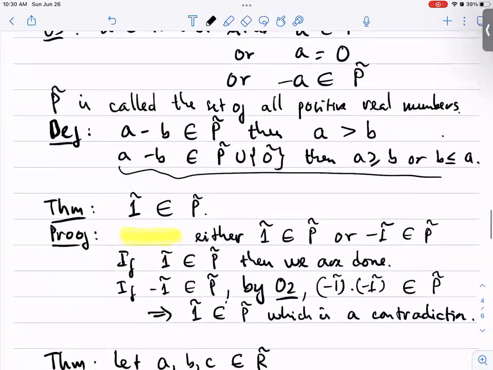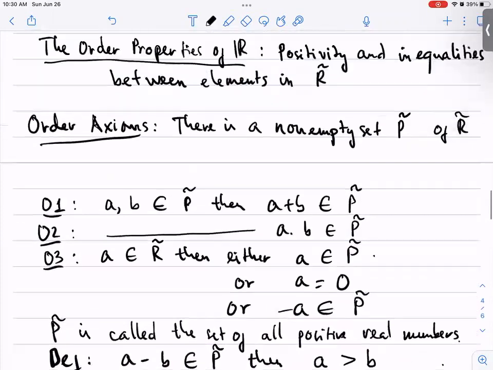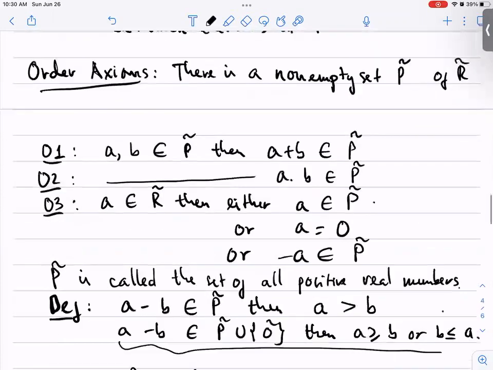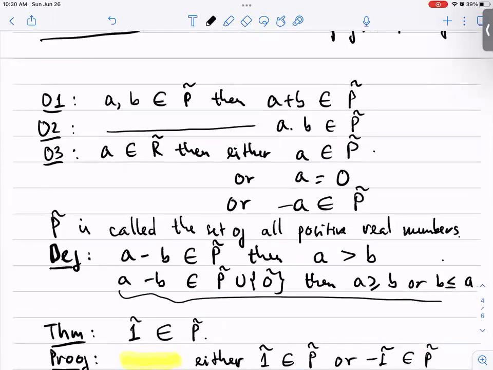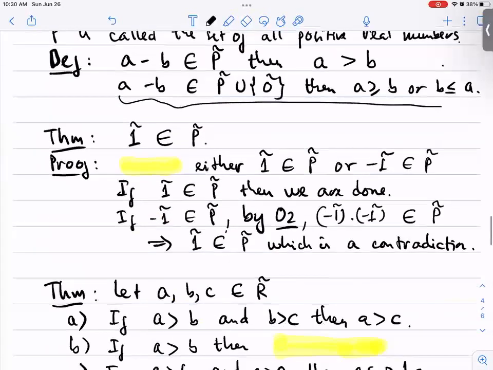So how do we prove this statement? Again, we have to use the order axioms here, and the third one will be useful. The third one says that for any real number, either this number belongs to the set of positive numbers, or it is equal to 0, or minus this number belongs to the set of positive numbers.